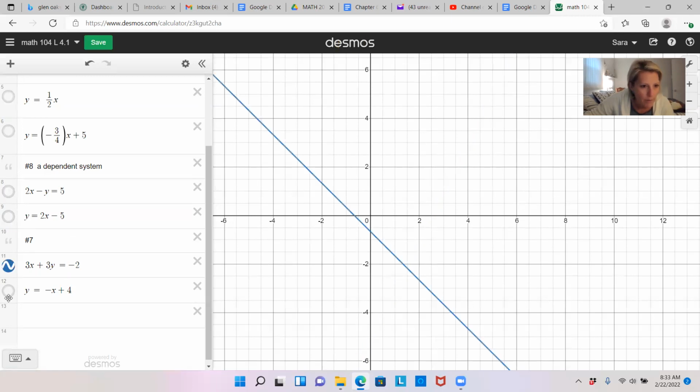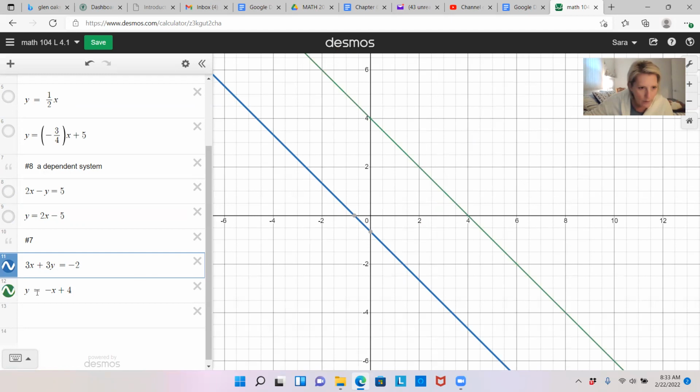Let's turn off those graphs and look at number 7. We have 3x plus 3y equals negative 2. It's not in slope-intercept form, so we can't actually see what the slope is, but we can click on it and it will show us our x and y intercepts. Then I'm going to click on the second line, y equals negative x plus 4.